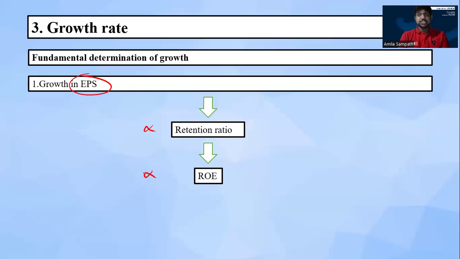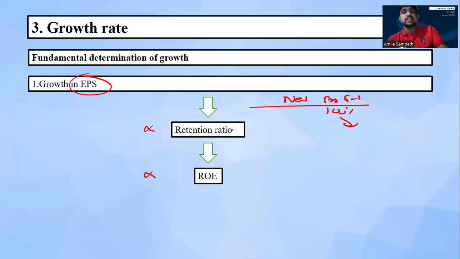The retention ratio means the total profit that we retain in the business without distributing to our shareholders. From our 100% net profit, we don't distribute everything to shareholders as dividends. We retain something with us. This we can call our retention ratio.